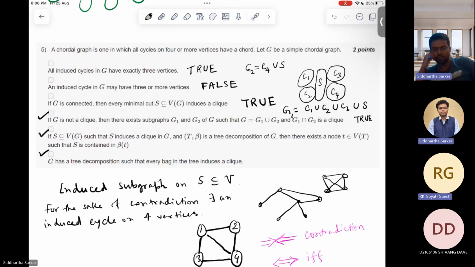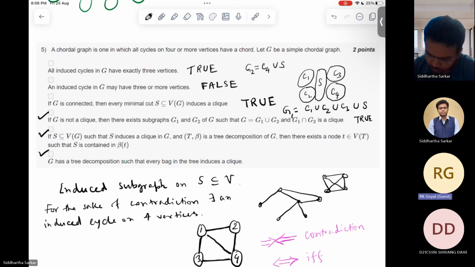So you have a graph and you have a tree decomposition T of the graph. β is the set of bags in the tree decomposition. So β of T means, for a node T in the tree, which vertices the bag contains.